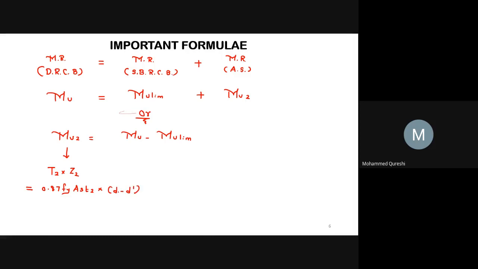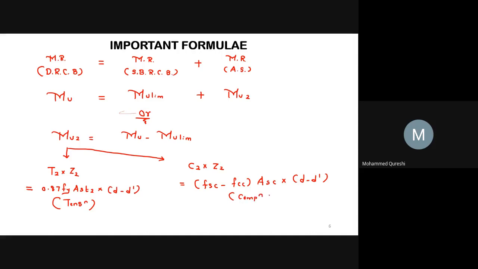This value is for tension zone, and similarly we may go for compression zone, that is Mu2 equals to C2 into Z2. So value of C2 is nothing but Fsc minus Fcc into Asc into value of Z2 is D minus D dash. This is for compression zone.